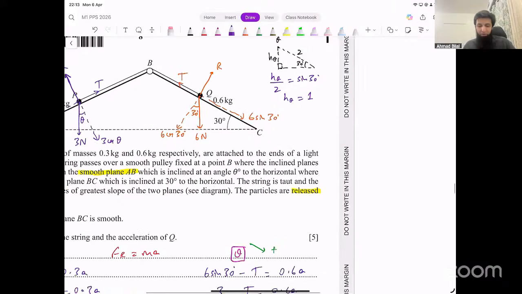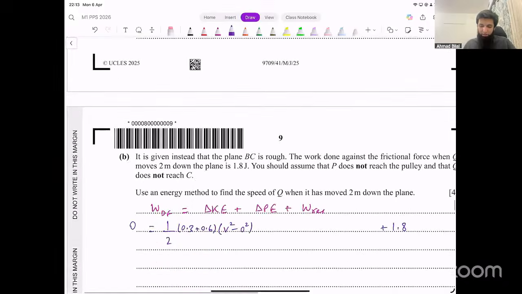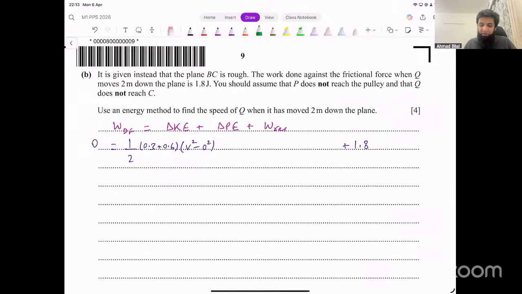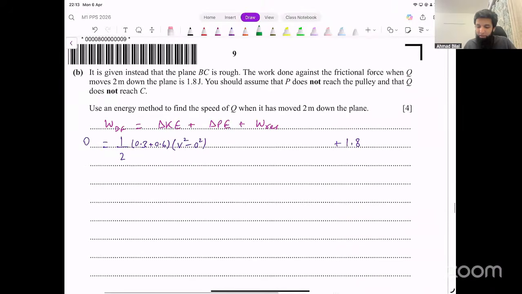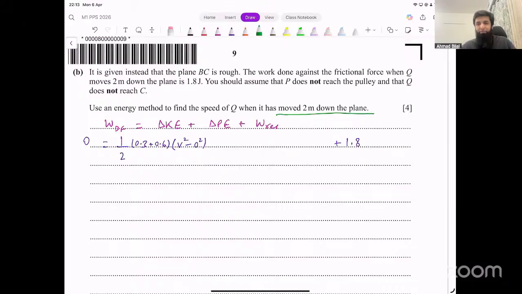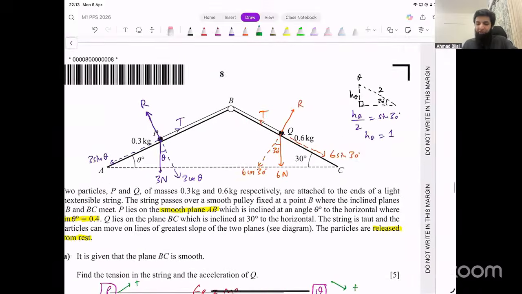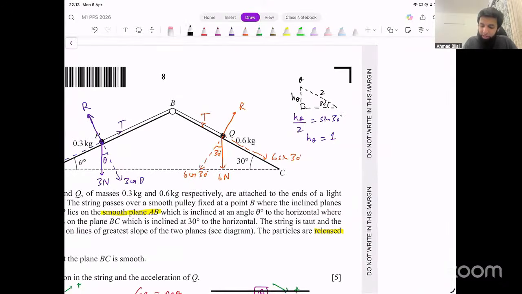2 meters because they told us to find the speed of Q when it has moved 2 meters down the plane. Okay, Q moves 2 meters down the plane. At that particular instant, we want to find the speed of Q. So if it moves 2 meters down, the change in vertical height is 1 unit.